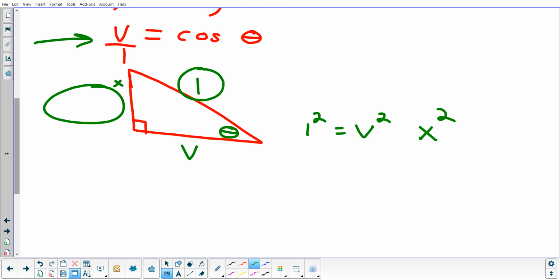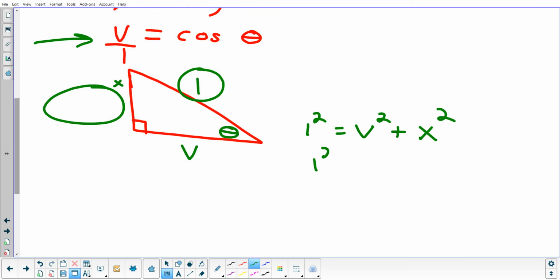Close. We're just missing one thing. Anybody see what I'm missing there? Yep. Addition. Yeah, the addition sign. So 1 squared equals v squared plus x squared. Now solve that for x, and that's what you're going to put in this circle right here.